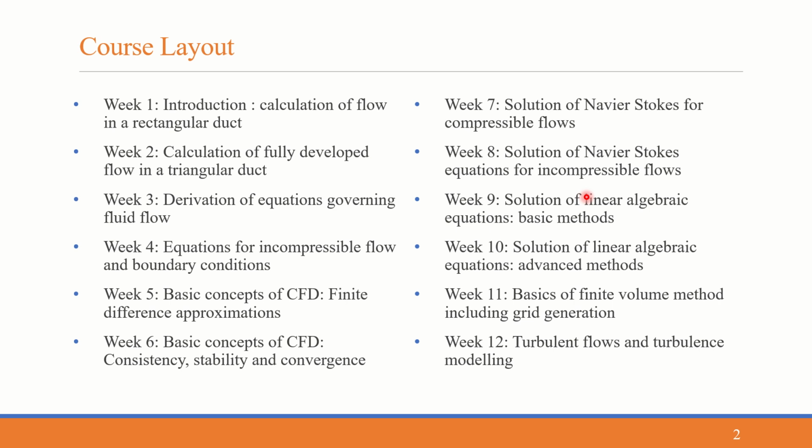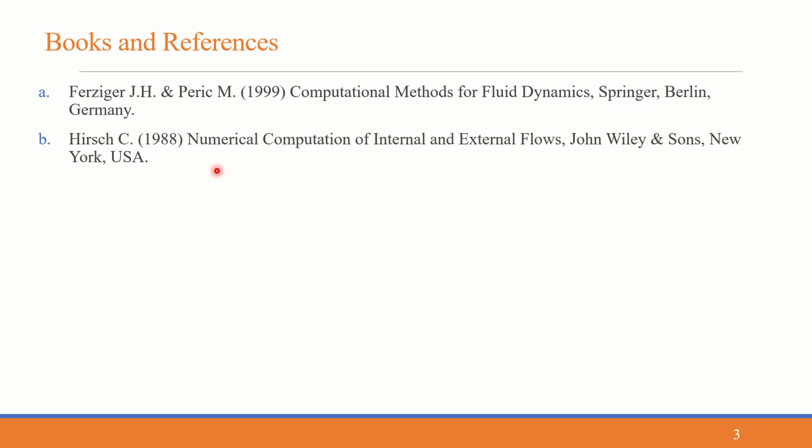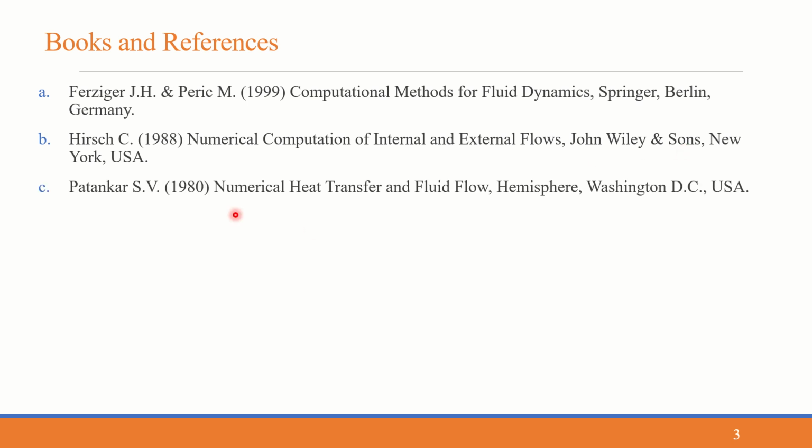And for books and references, we have 5 books. First one is Wesseling, P. 1999, Computational Methods for Fluid Dynamics, Springer, Berlin, Germany. Second one is Hirsch C 1988, Numerical Computation of Internal and External Flows, John Wiley and Sons, New York, USA. Third one is Patankar SP 1980, Numerical Heat Transfer and Fluid Flow, Hemisphere, Washington DC, USA.